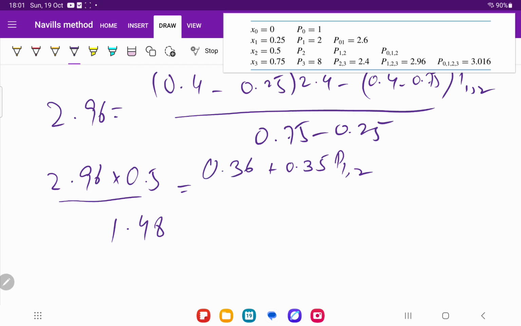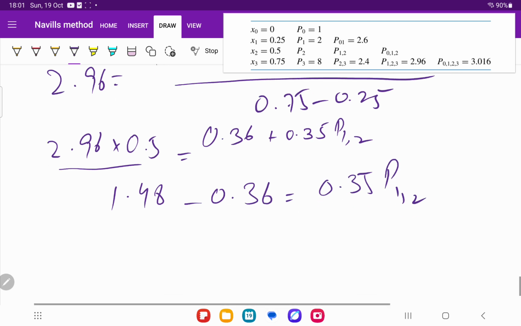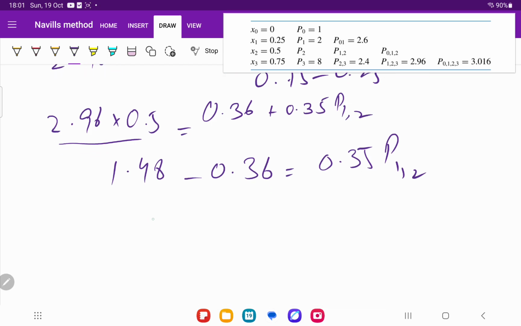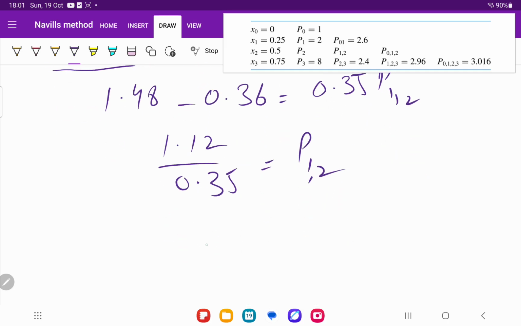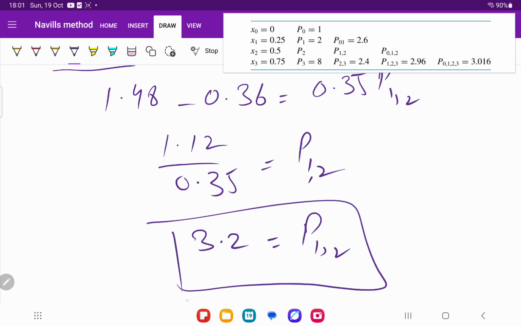So 0.36, and this 0.36 is equal to 0.35 P12. So 1.48 minus 0.36 is 1.12, divided by 0.35, is 3.2. So P12 is 3.2.